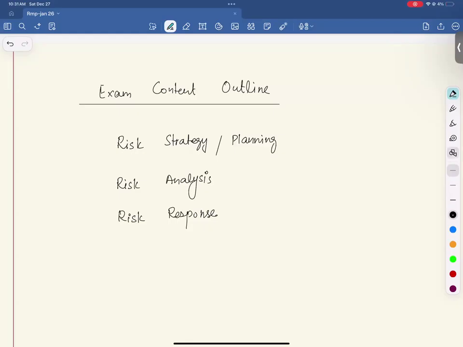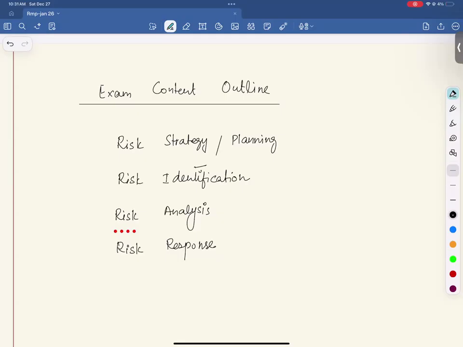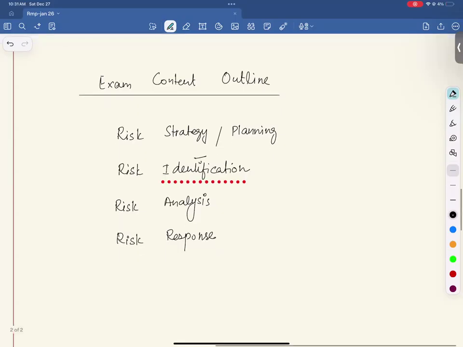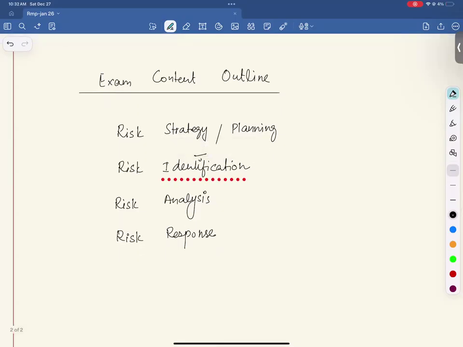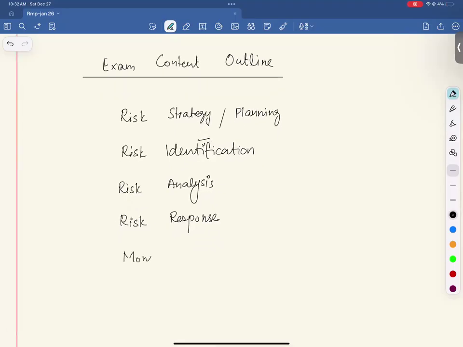Second one is risk identification. Third one is risk analysis. Fourth one is risk response planning. And the last one is monitor and close risk, right? So these are the 5 sections in your risk management exam.